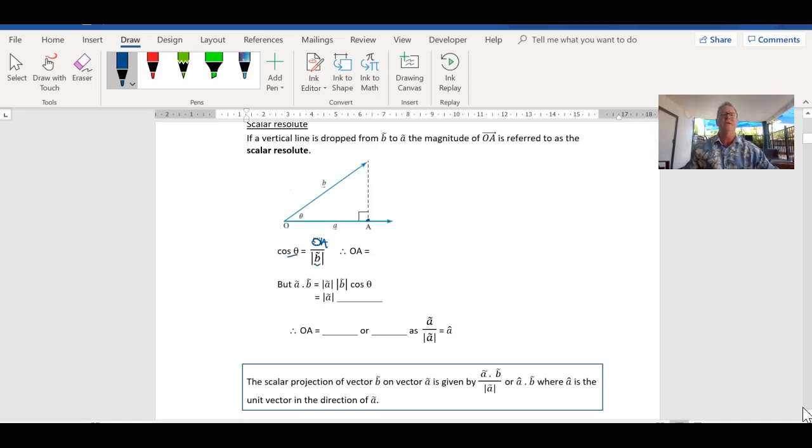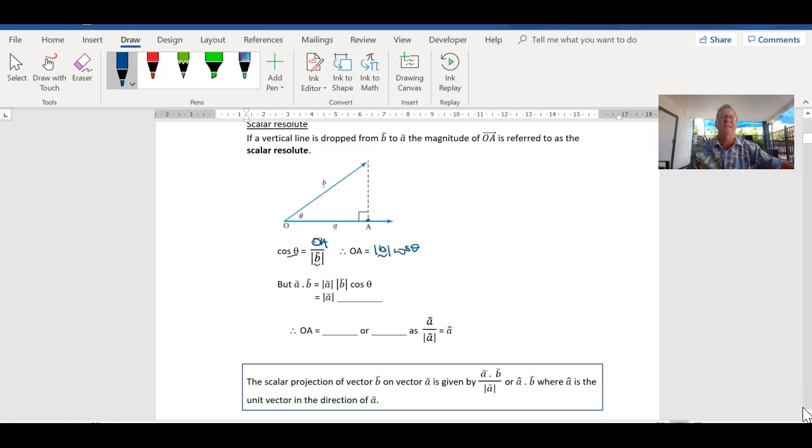So if I rearrange that, I would have what is called a scalar resolute. That would be norm of B cos of angle theta. Hence that is the scalar resolute. It's the distance from O to A. But remember the formal definition of the dot product: A dot B is norm of A, norm of B, cos of the angle theta.